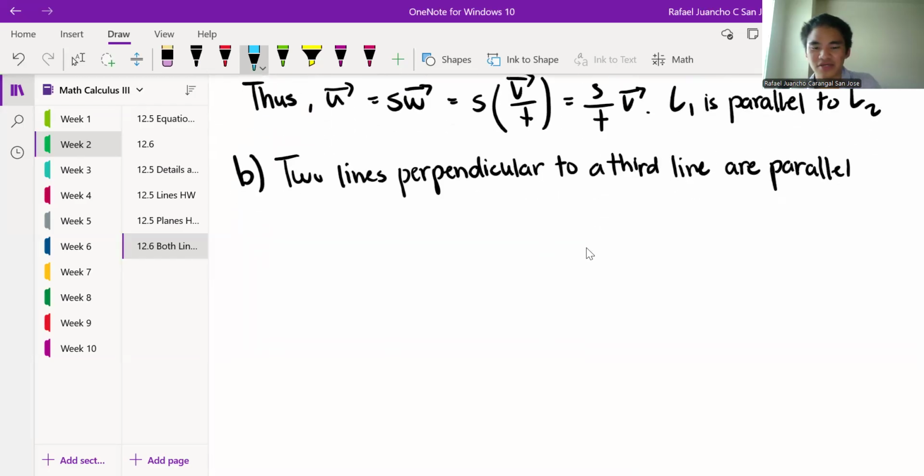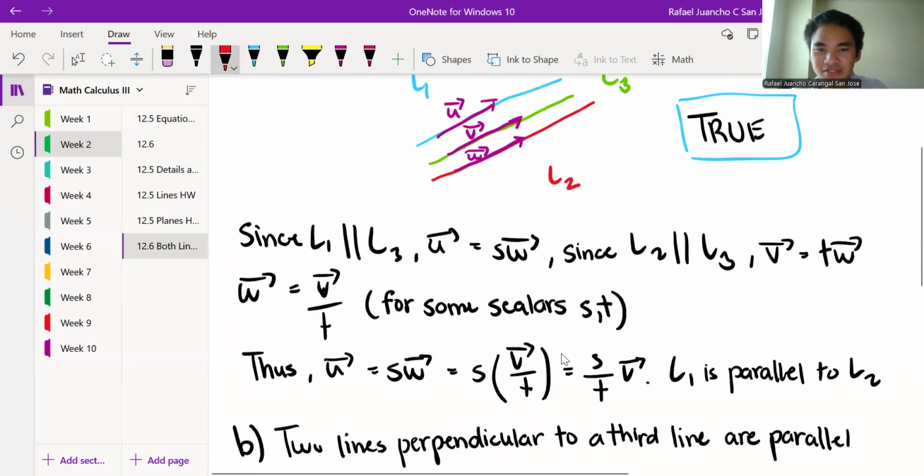Let me try without doing any work. Here's a line. Here's another line. Here's another line. And here we have 90 degrees. So this is L1, L2.